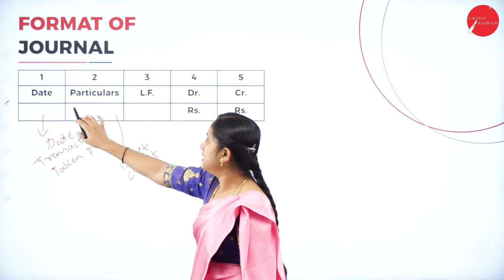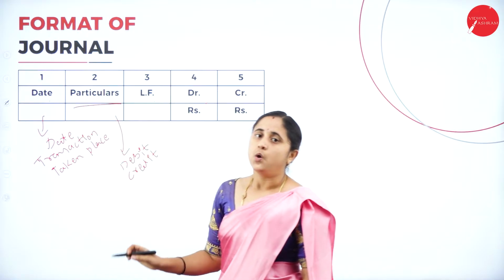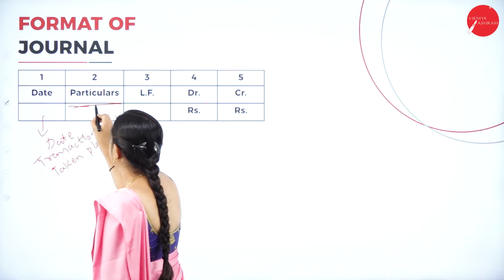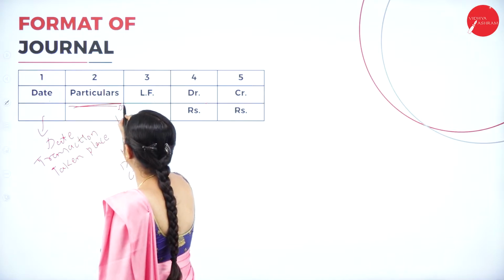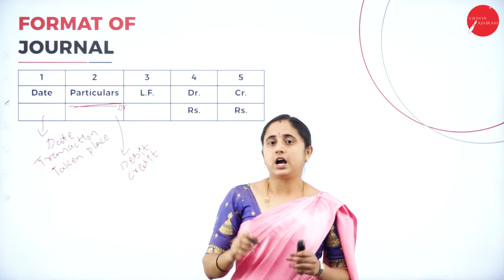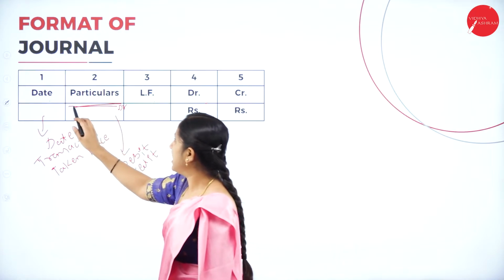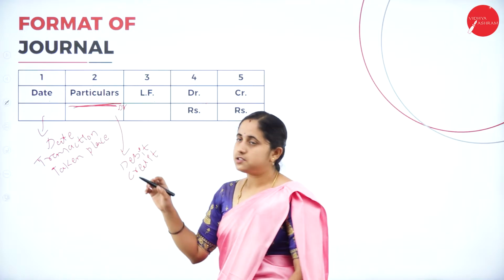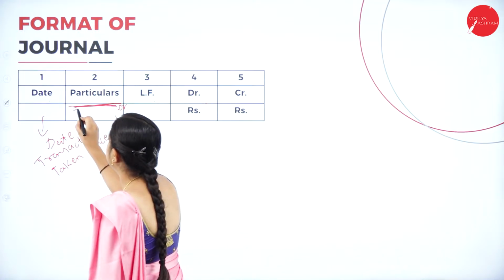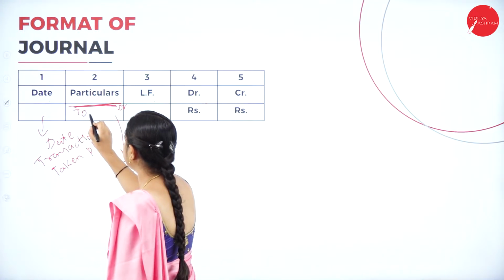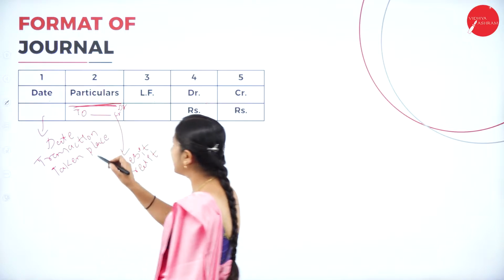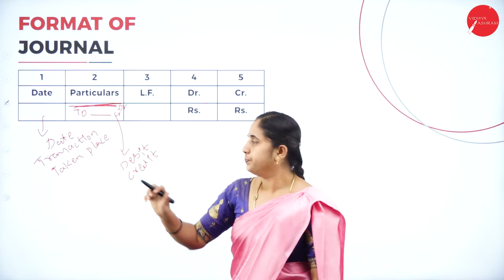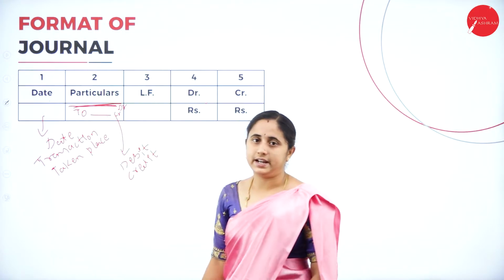While writing in the particulars column, first the debit entry should be recorded. Which account is debited, you should write first. Next, giving some space, in the second line you should start with 'To', the account which is credited.